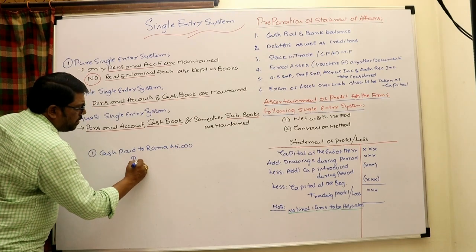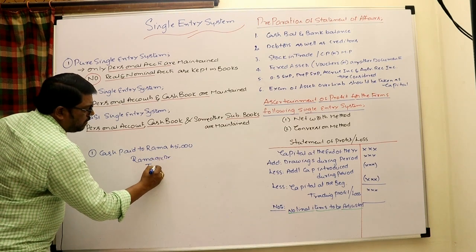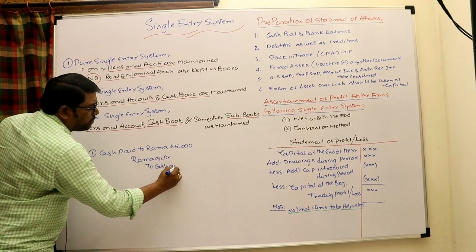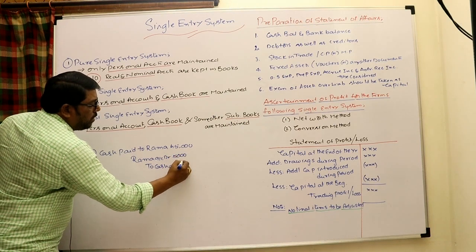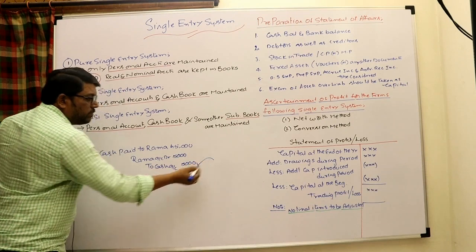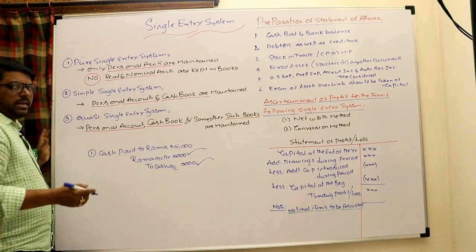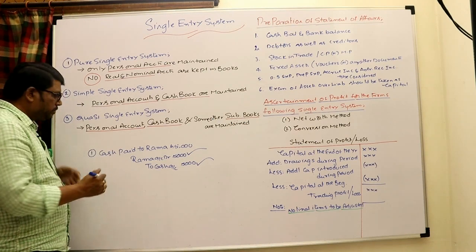What would be the entry here? Rama account debit to cash account. Obviously the cash book is maintained, and personal accounts are also maintained, so I recorded both the aspects here.